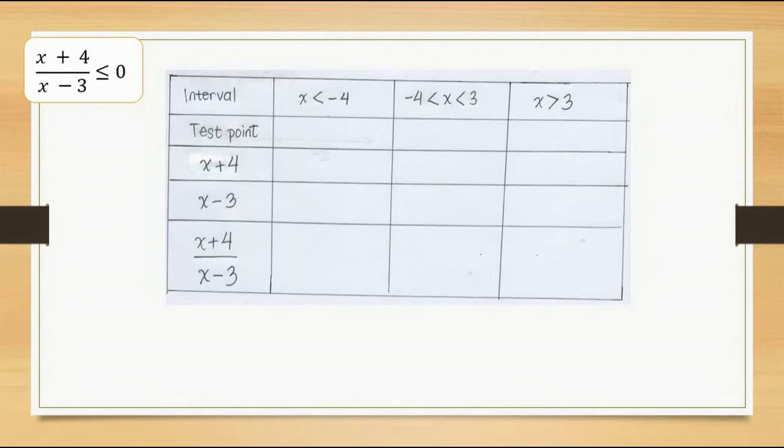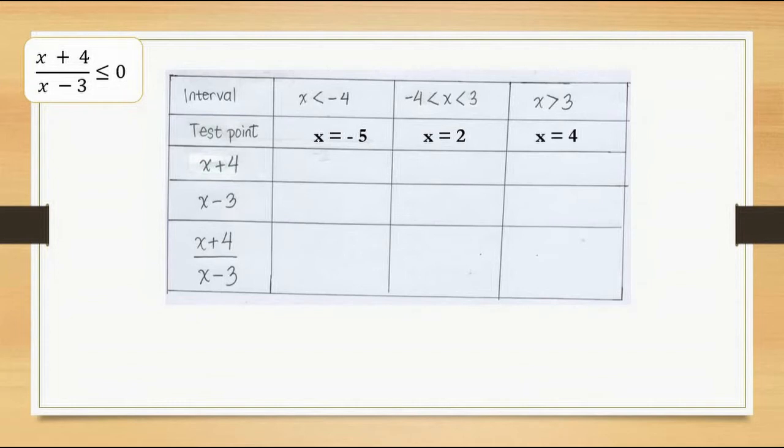We will now have a test point. For x < -4, we will use x = -5. For -4 < x < 3, we will choose x = 2. Then for x > 3, we will choose x = 4.